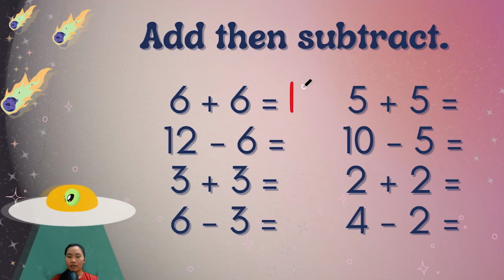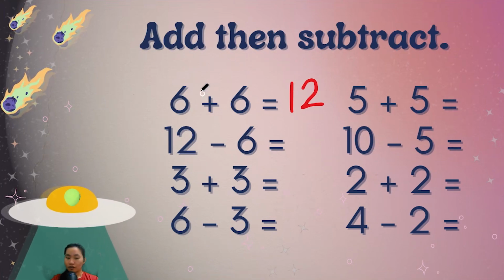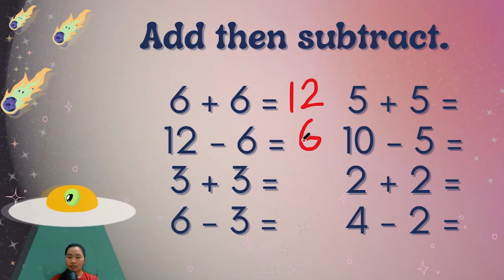So we have 12. Now, when we take the sum and subtract one of the addends, we get the other addend. So 12 minus 6 is 6. And it's the same relationship throughout all of the examples over here.